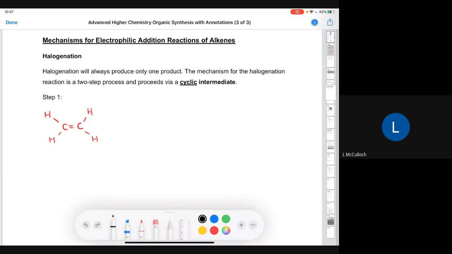So what will happen is the fluorine molecule is actually going to get very close to the double bond. And as that fluorine molecule gets close to the double bond, the electrons in the pi bond cause the electrons in the fluorine bond to be repelled. So the electrons in the fluorine to fluorine bond actually end up closer to the fluorine which is furthest away from the electrons in that pi bond.